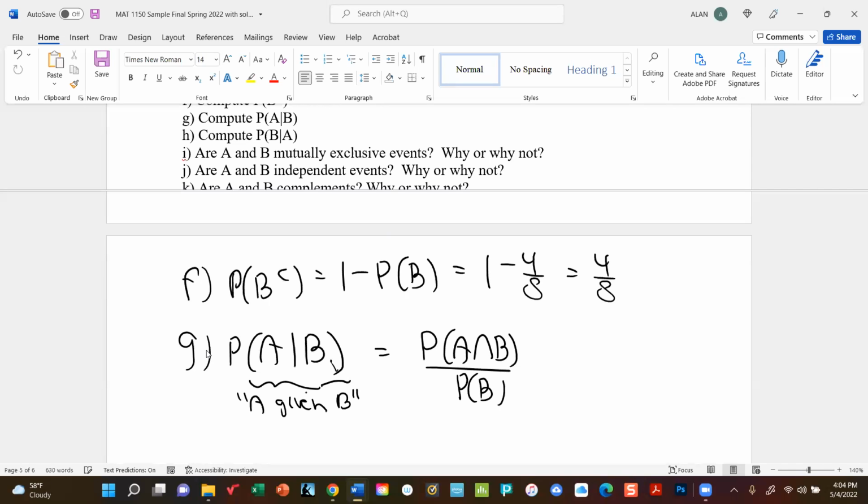In the denominator, you take the one that's after the slash. In other words, the information that you're given. Now, remember before we showed that A and B had a probability of 3/8 and B was 4/8. So these cancel and you end up with 3/4. So basically, you're just using information you already have.